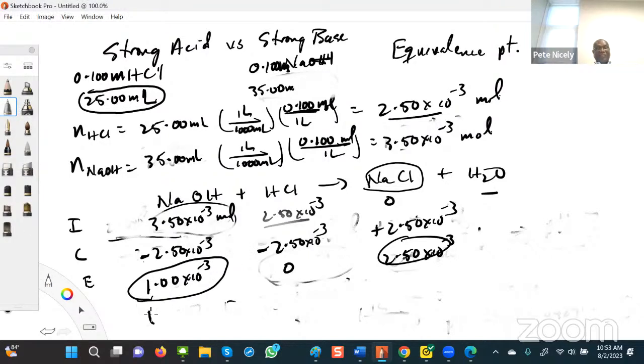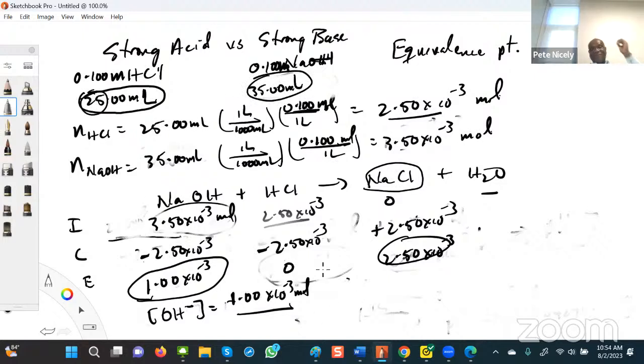So we need the concentration of OH minus first before we can find the pOH. That would be equal to the moles that we just calculated, 1.00 times 10 to the minus 3 moles, divided by the volume. What's the volume? The volume would be the sum of 35 and 25 mils. So that would be what? 60, right? So you're going to put 60.00 mils down here.